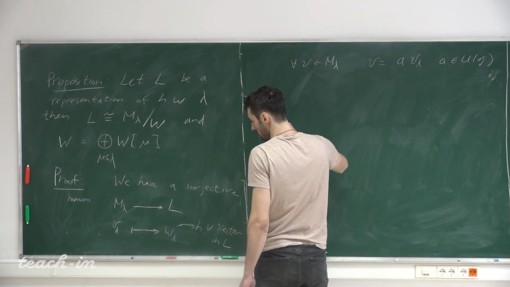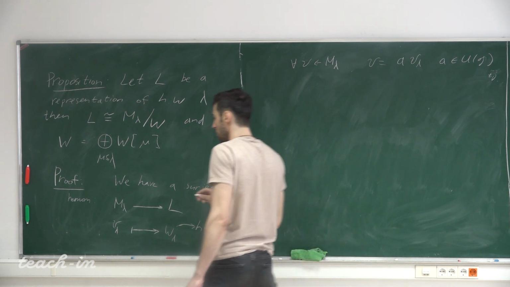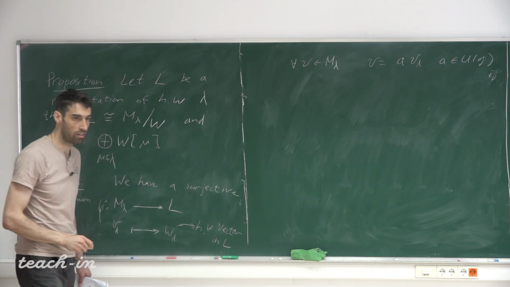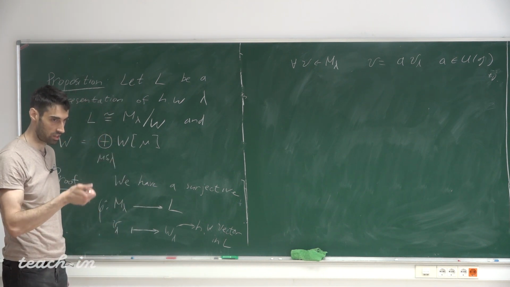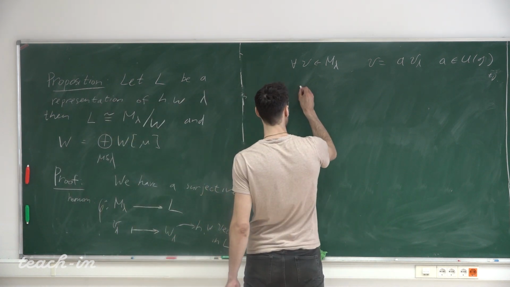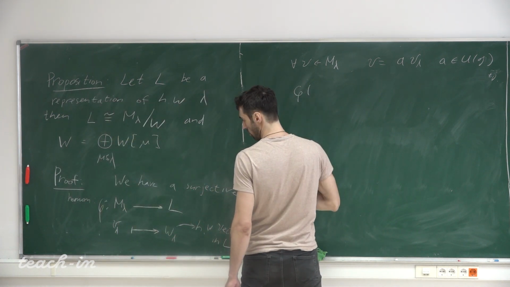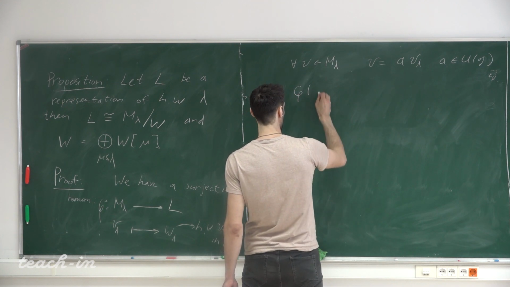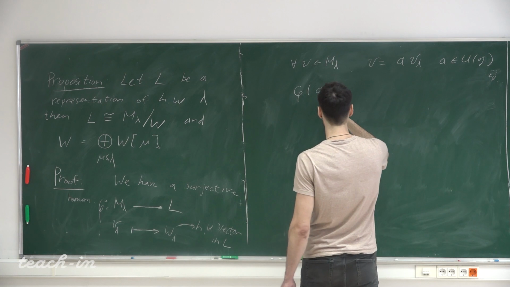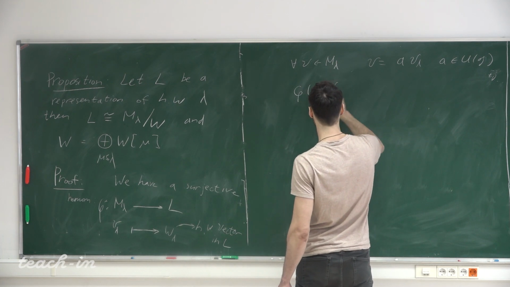But then, if I'm saying that this is homomorphism phi, then it should respect an action of U(g), and therefore we already fixed where it should send v.